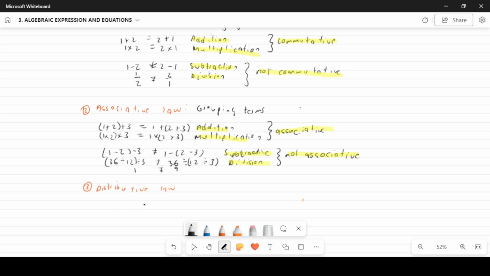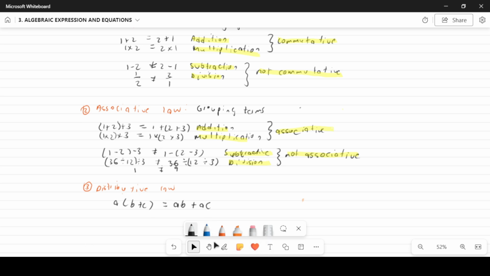A times B plus C: multiplying a number by the addition or subtraction of a group of numbers is the same as multiplying the number to each number separately. So that's what the distributive law is. It's a very straightforward law.